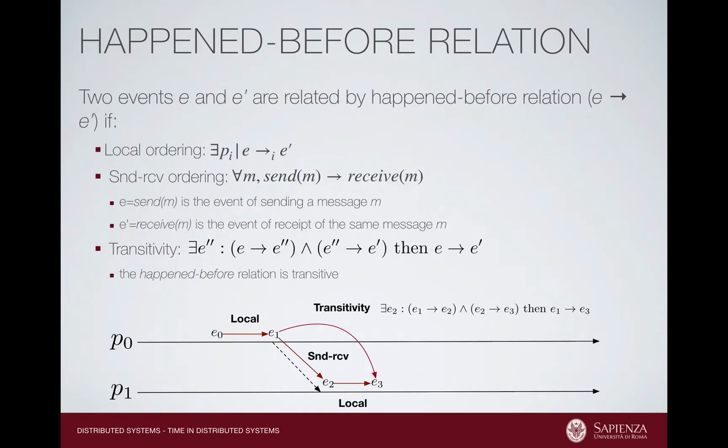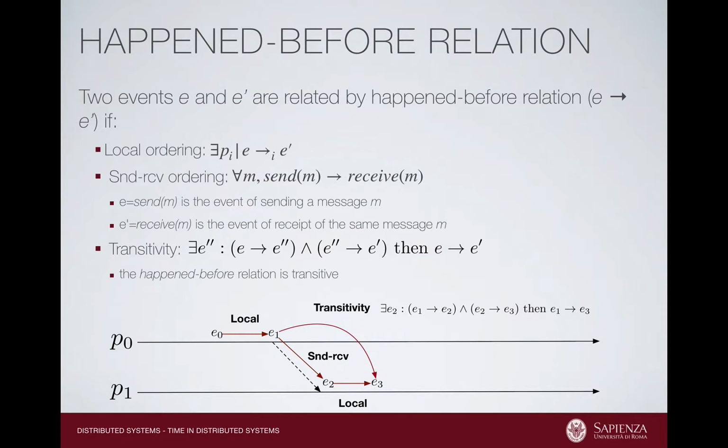And so thanks to these rules, we can create a happened-before relationship between events that are causally related. We say that an event E and another event E prime are related by a happened-before relationship, and we use the right arrow, if one of the following three things holds.